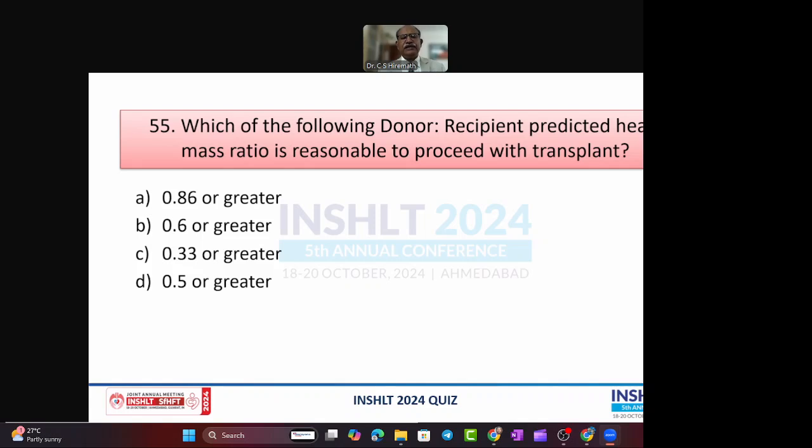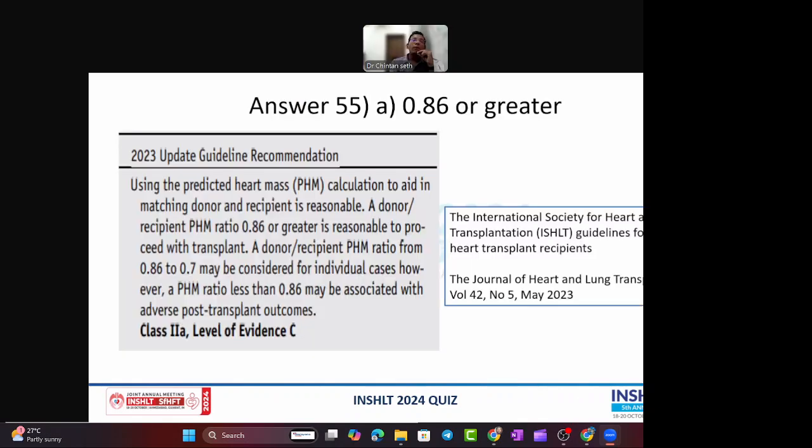Which of the following donor recipient predicted heart mass ratios is reasonable to proceed with transplant? This is a very important question because before this guideline, everybody used to look at the exact weight of the donor and recipient. Anything within plus or minus 30% was an acceptable donor weight range. But then ISHLT came up with the predicted heart mass.